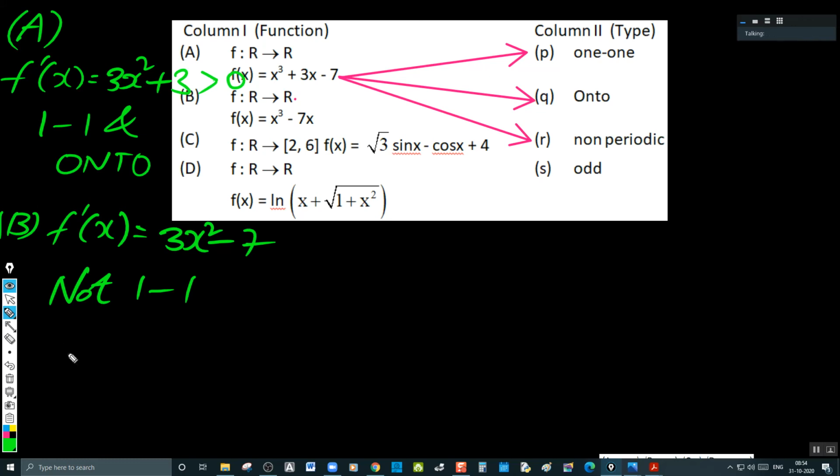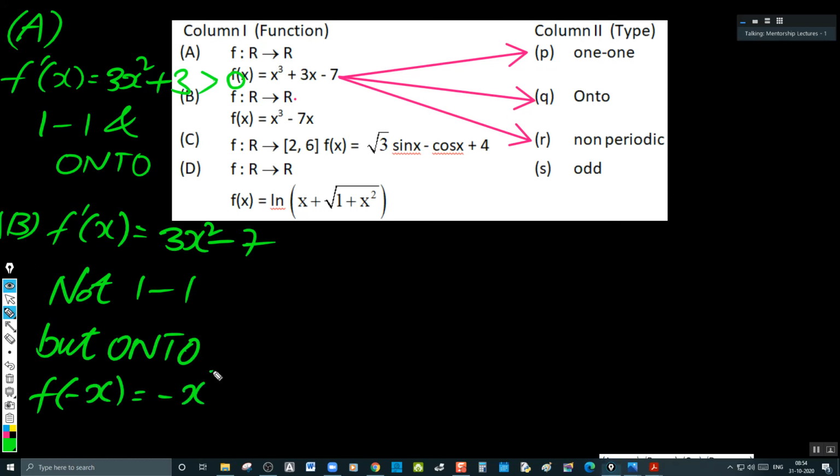But onto. ऑड का भी दिया उधर, वो क्यूबिक कभी भी पीरियडिक नहीं होगा. ऑड का भी दिया, एफ ऑफ माइनस एक्स चेक करो, माइनस एक्स क्यूब प्लस 7x आएगा. This becomes minus f x, please.